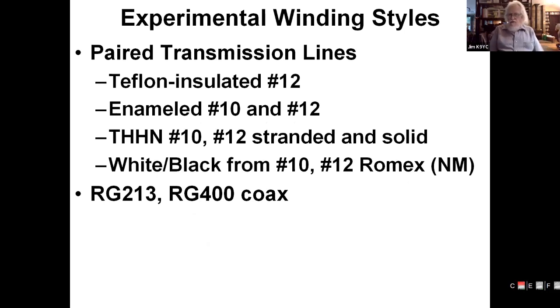First, Teflon insulated number 12, enameled number 10 and number 12, THHN number 10 and number 12, white and black from number 10 and number 12 Romex, which is awfully nice cable, and I ended up choosing it.